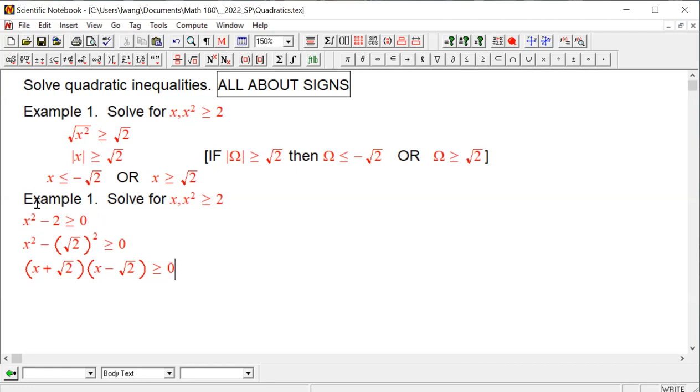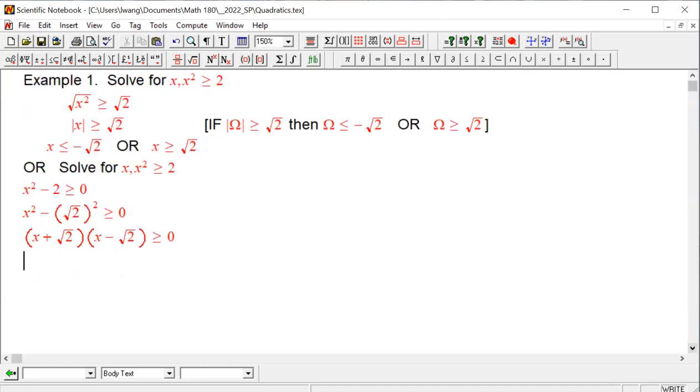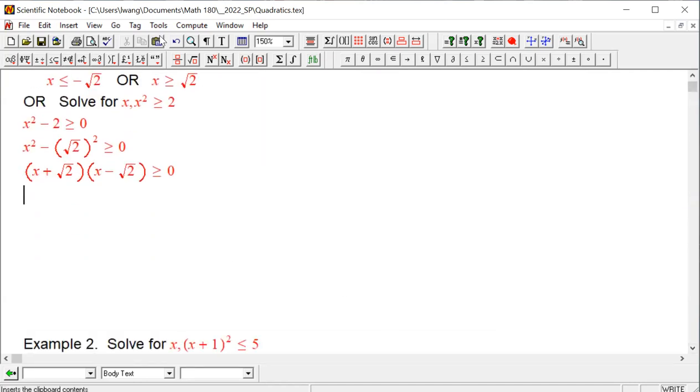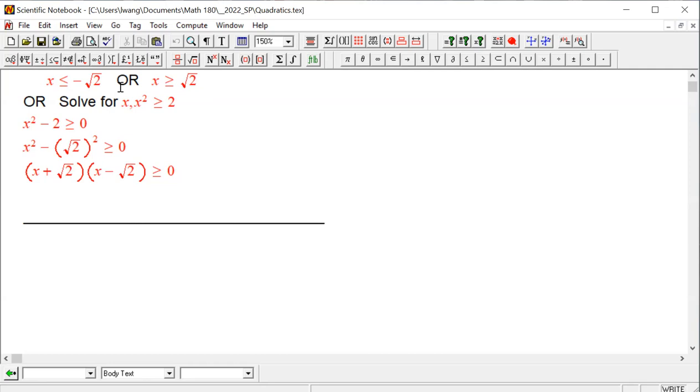So if I solve this one using another method, which is using the factoring method, you have these factors and you can still do it. What you do is you have a number line. On this number line, you have a place which is negative root 2.